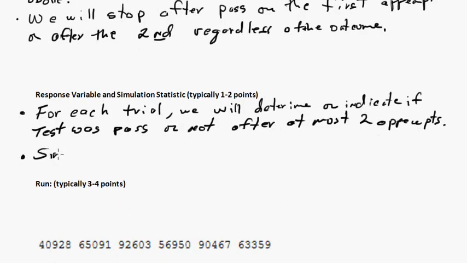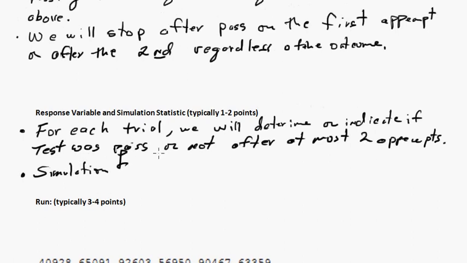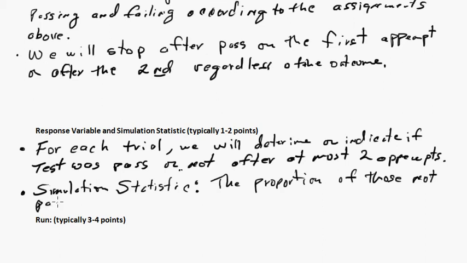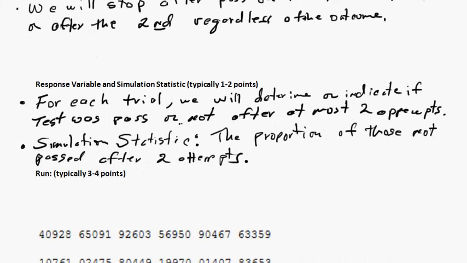So the simulation statistic is the proportion of those not passed after 2 attempts. Okay, so let's move on.